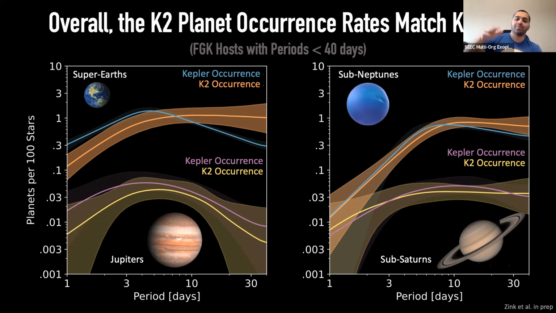So those early graphs you showed, which looked at occurrence rate, one of the things that I noticed was that it wasn't totally complete, but you actually got completeness below the 1 Earth radii size. So how well do you do on sub-Earths in some of these things?